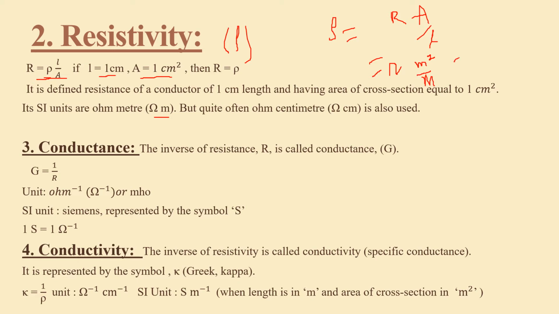Now the unit of resistivity will become ohm meter. Or if the units of length and area are in centimeter, then the unit of resistivity will come as ohm centimeter. Now come to the third term, that is conductance.